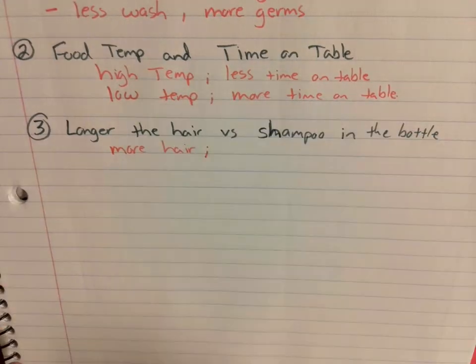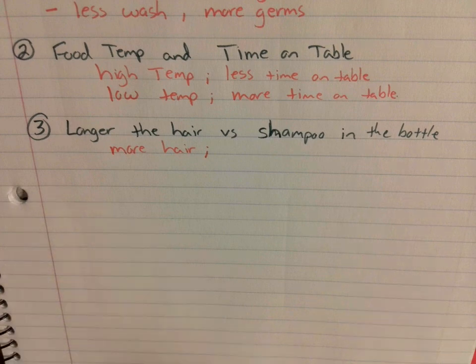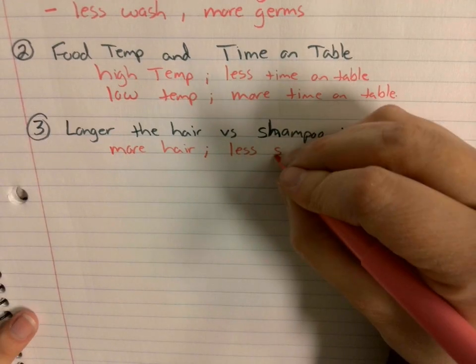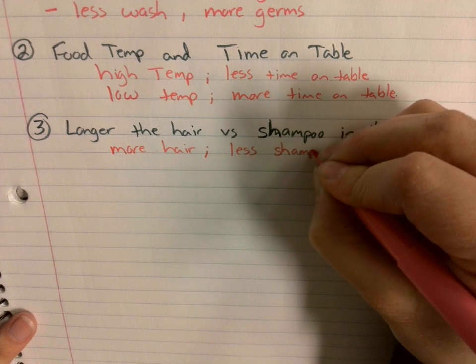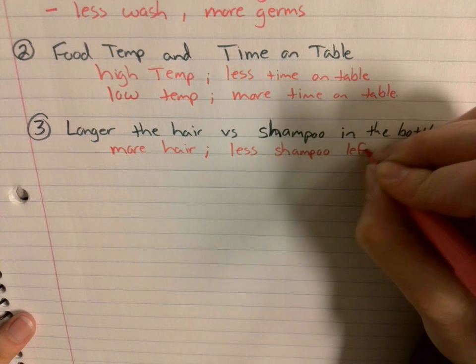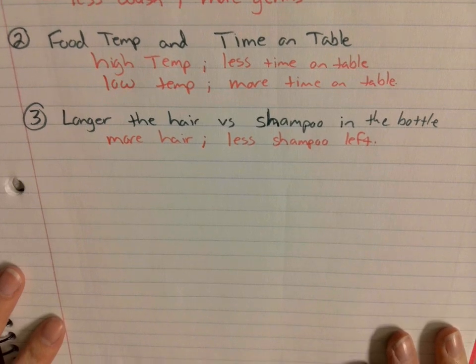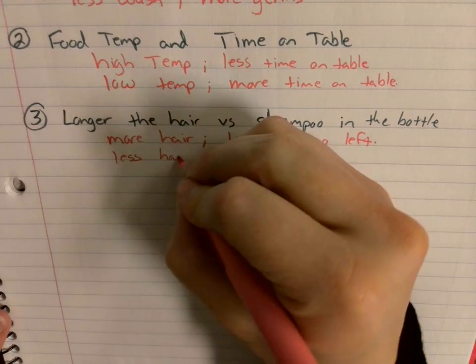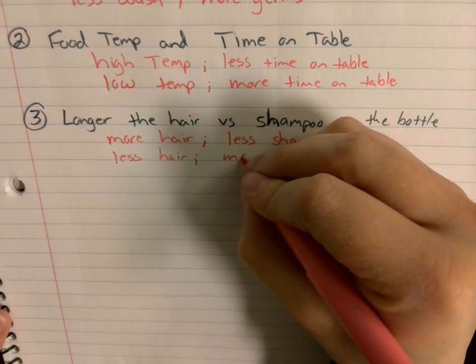But the more hair that you have, the less shampoo that's left in the bottle. Okay? The less hair you have, the more shampoo that is remaining in the bottle.